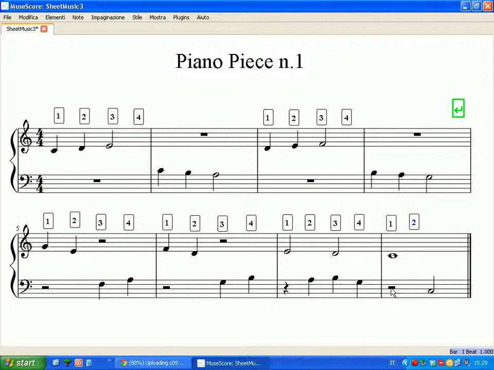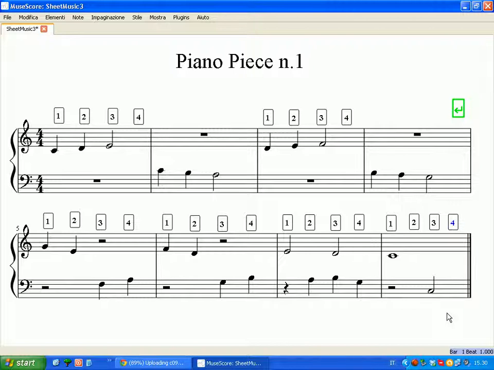So the third beat, of course, will occur in correspondence of this half note, and as in the previous examples, in this case we have the fourth beat, which will occur halfway through the half note.